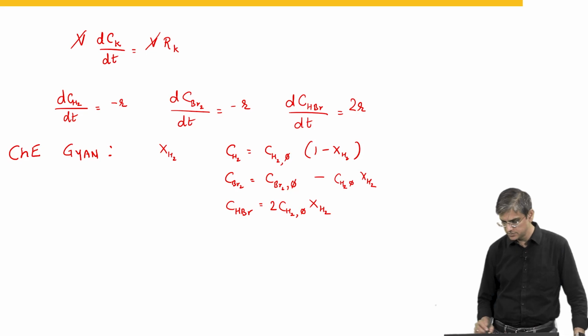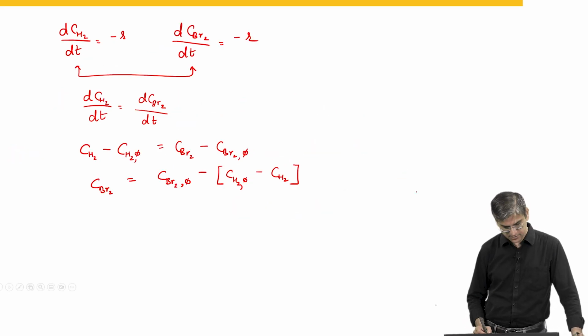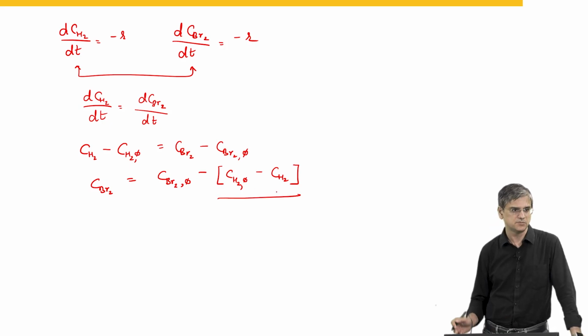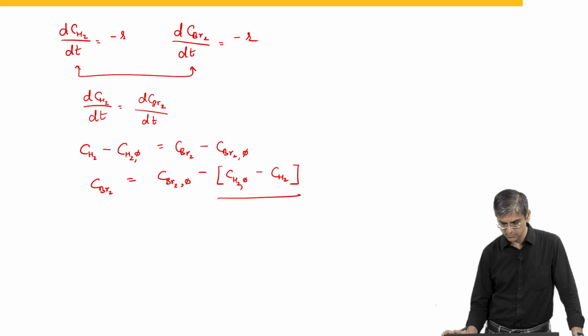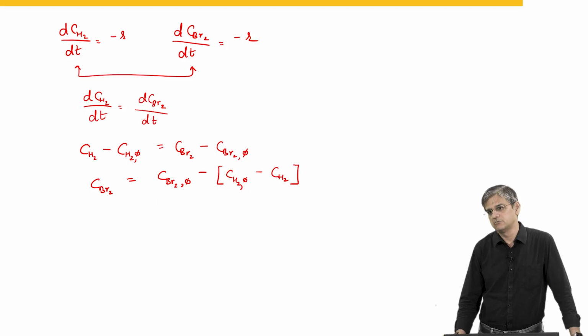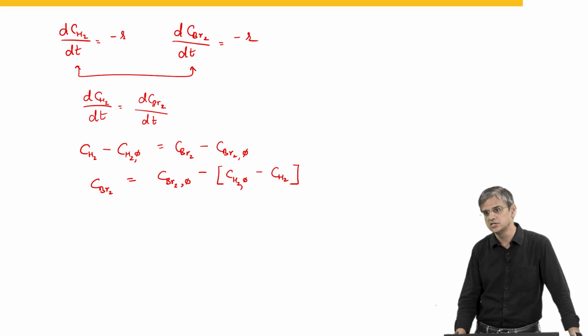And if you look at this particular definition, that is exactly what you have over here. This term is nothing but CH2 0 multiplied by XH2, which is essentially what we had written over there. Okay. So, now again you can convert your 2 equations in 2 unknowns into one single equation in a single unknown, right.